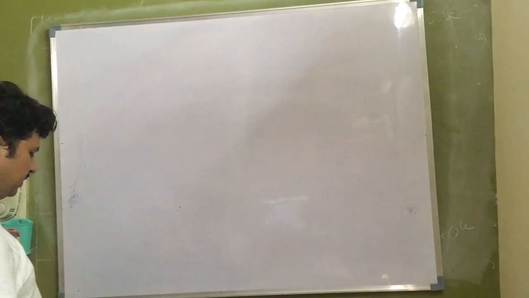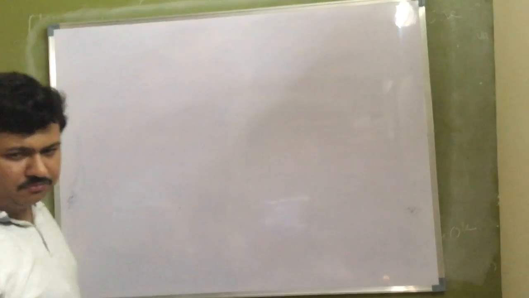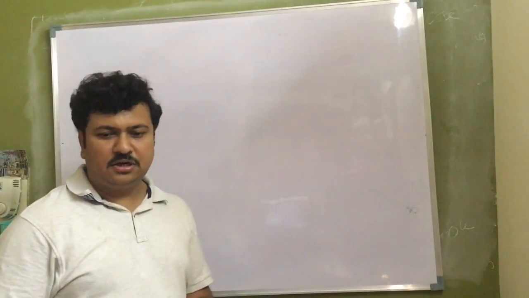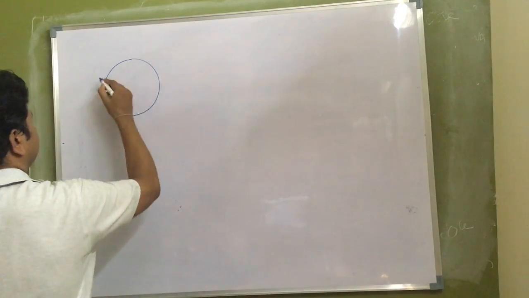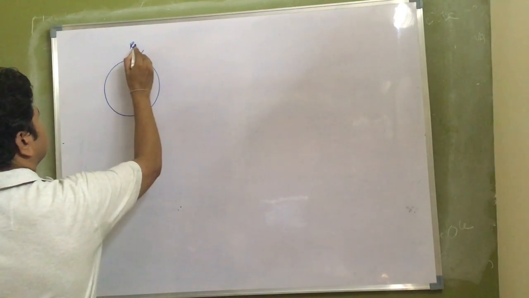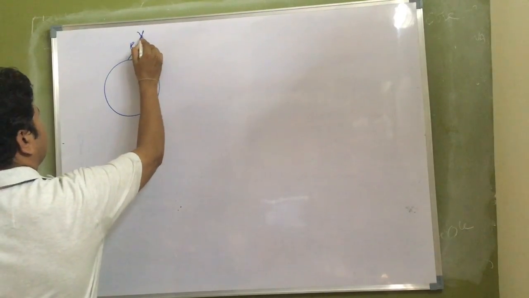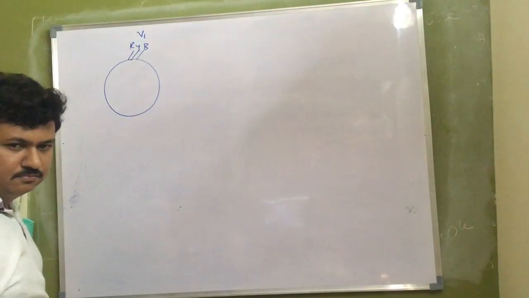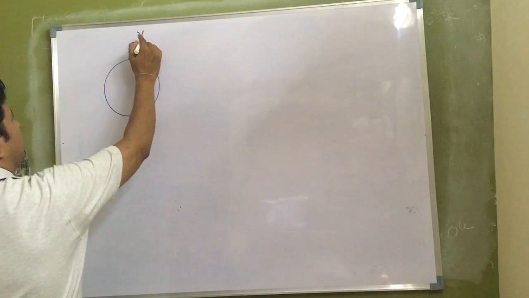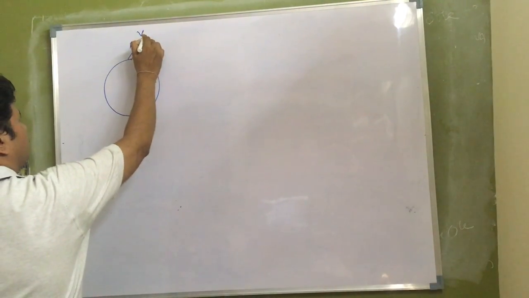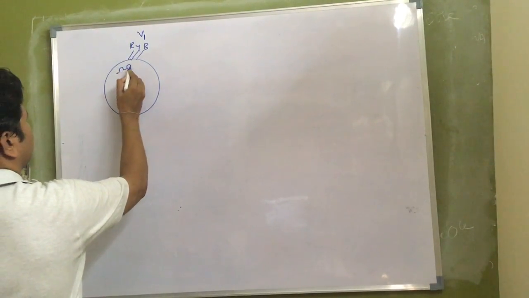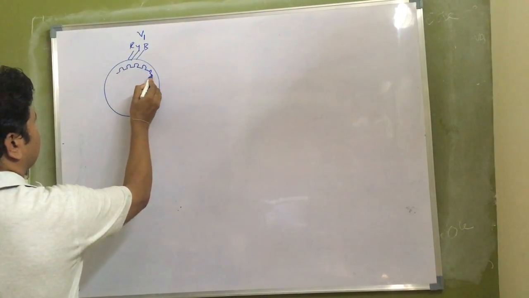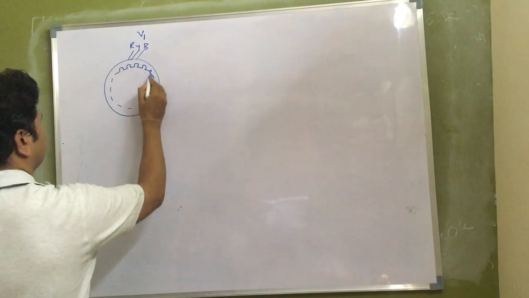Now I know that there is a three-phase induction motor to which I give the stator supply, RYB, let it be V1. I give supply to this stator.